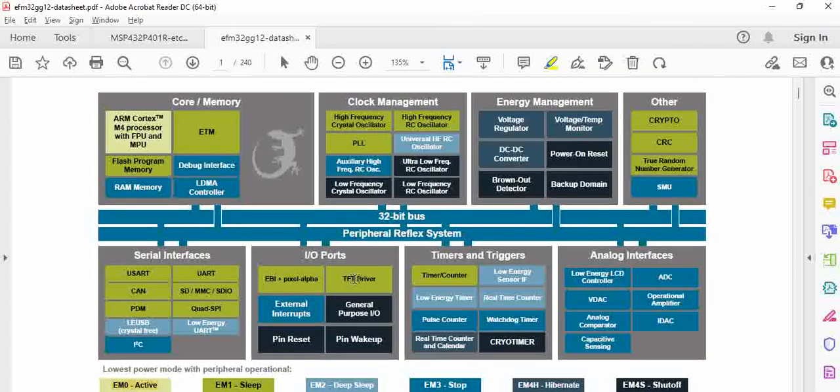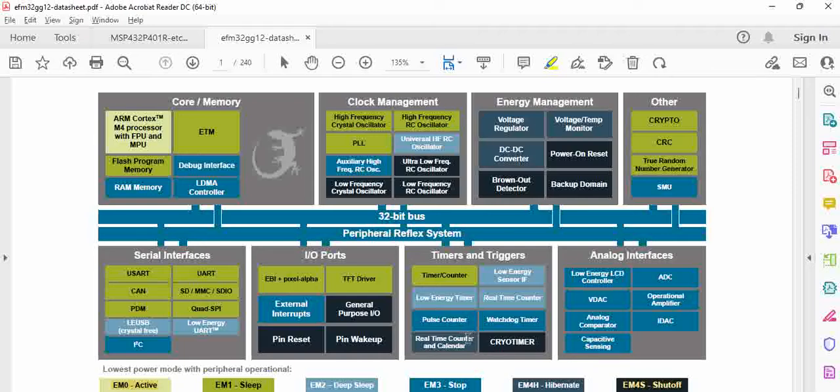You can see the markings, whether green or blue, showing which specific interfaces are available. For example, EM4 is shut off, which is the lowest power mode. There will be only general purpose IO, pin reset, pin wake up, and cryo timer. Cryo timer is a timer used in low power modes to wake the microcontroller at specific intervals rather than keeping it powered on.